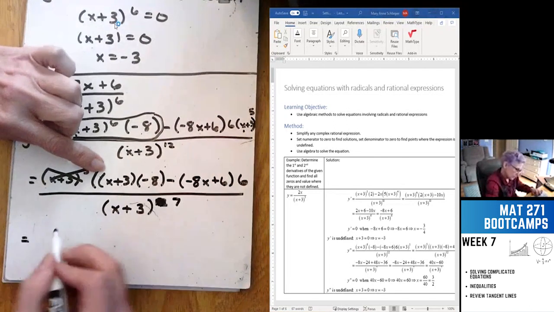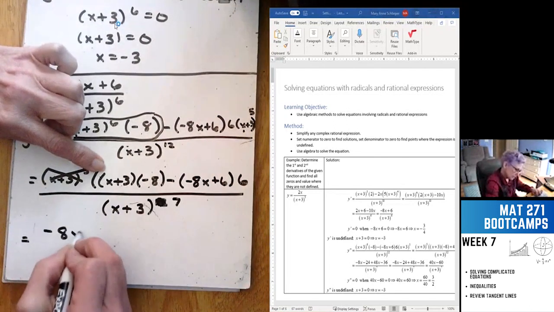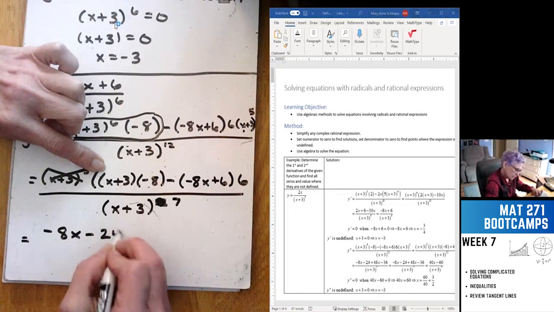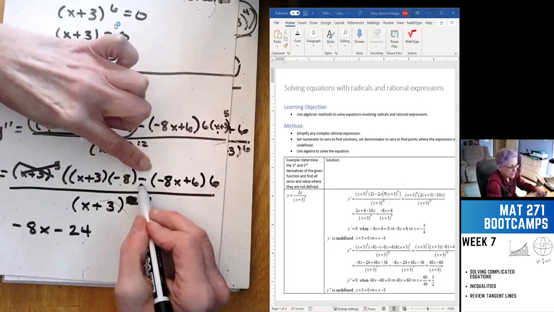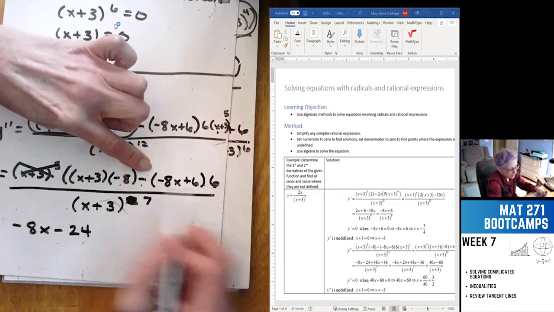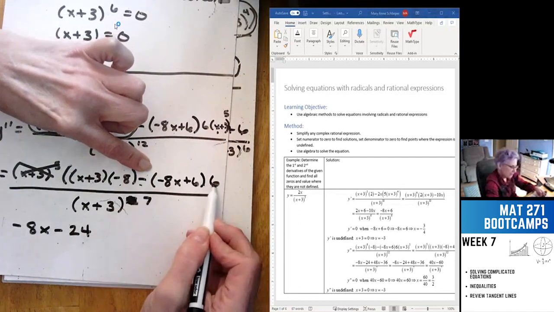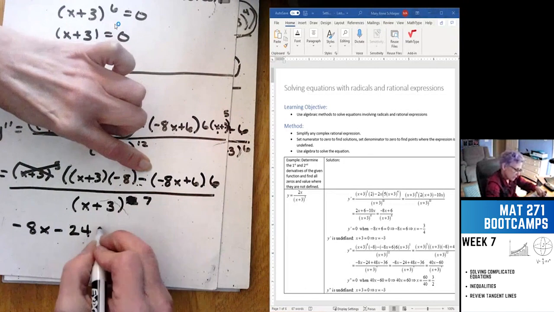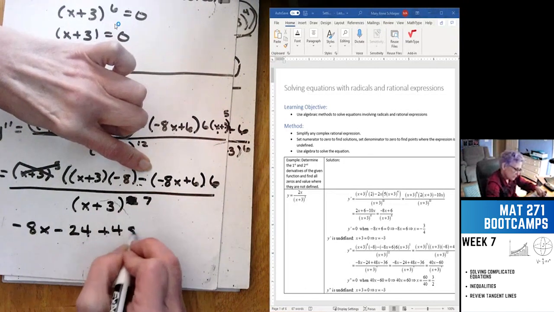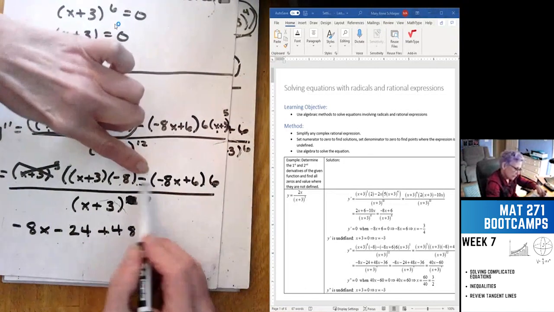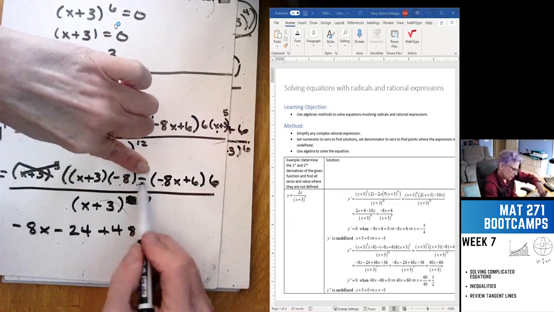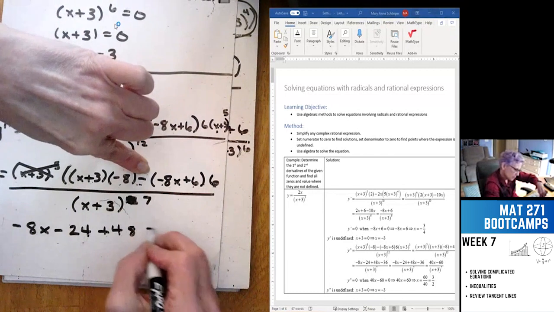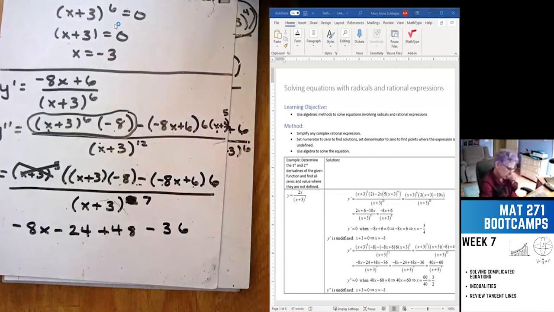Now, distribute that 8, minus 8x minus 24. And let's distribute a -6 through here because I have a negative here and a 6. So a negative times a negative gives me a positive, and then a negative times a positive gives me minus 36.